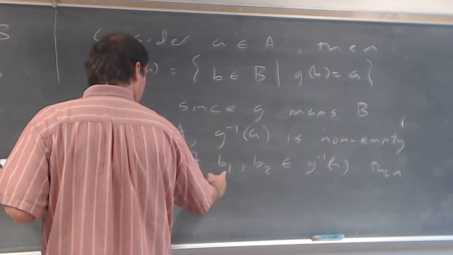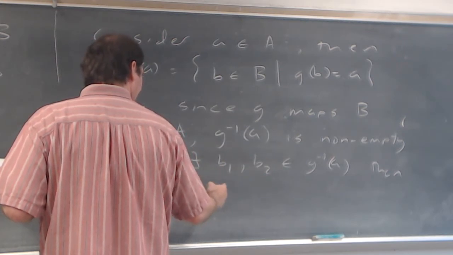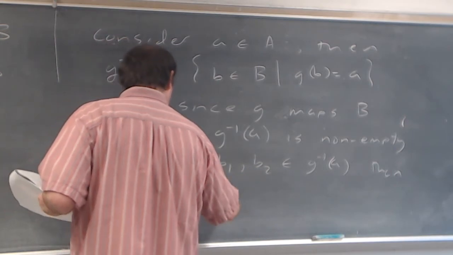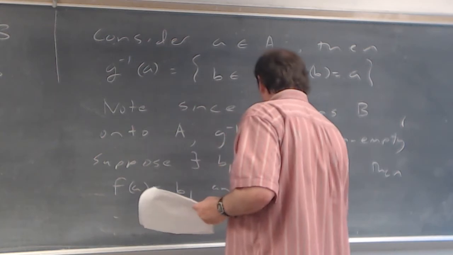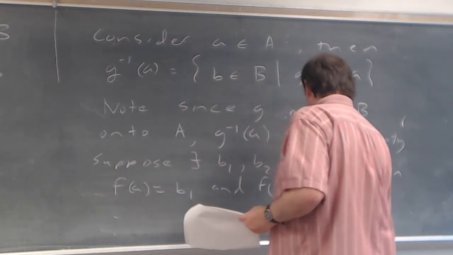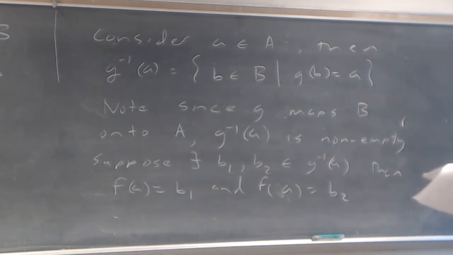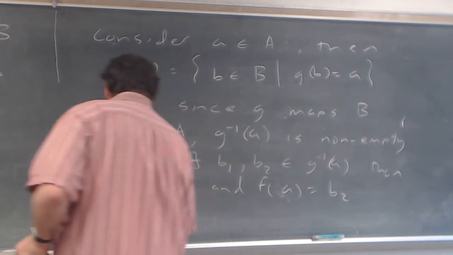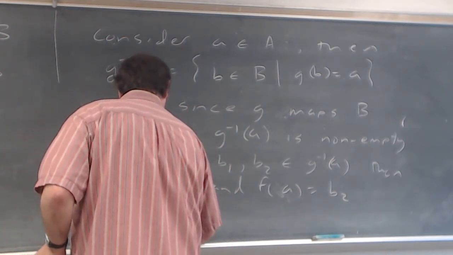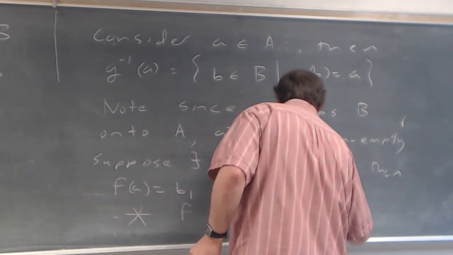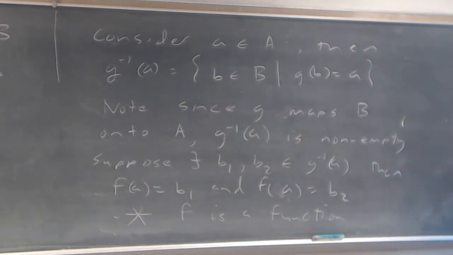This means G of B1 equals A and G of B2 equals A. That means F of A is equal to B1 and F of A equals B2. And that's a contradiction. That contradicts F being a function. So F can only send A to one particular spot.